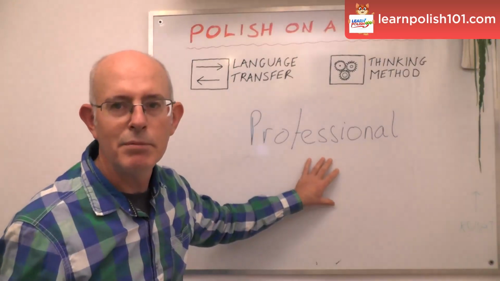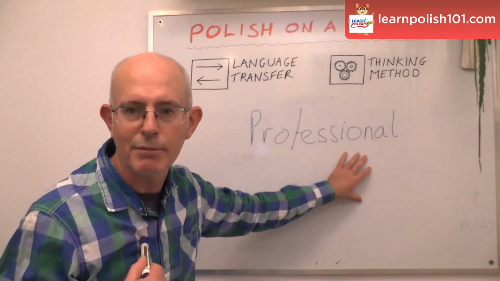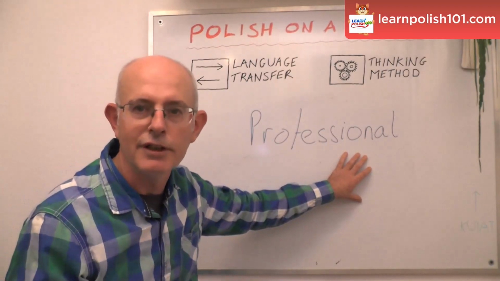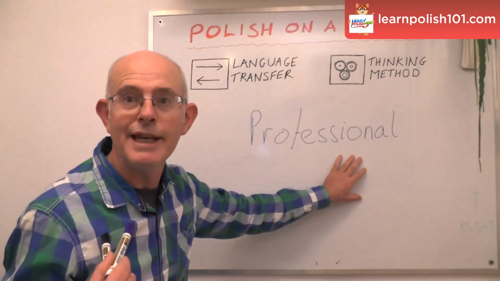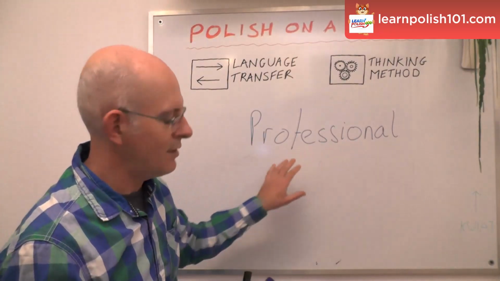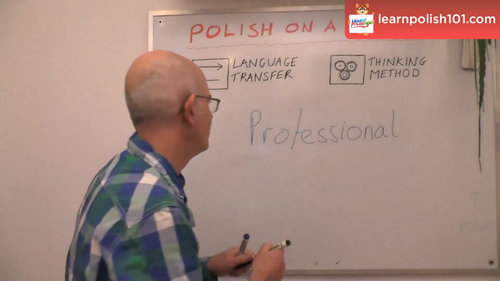This is how people describe their businesses, professional. This is how people describe themselves, they're professional. This is how people describe their work, it's professional. So you will see this word and you will probably need this word a lot in Polish. And it's very close to the English, as all of them are.